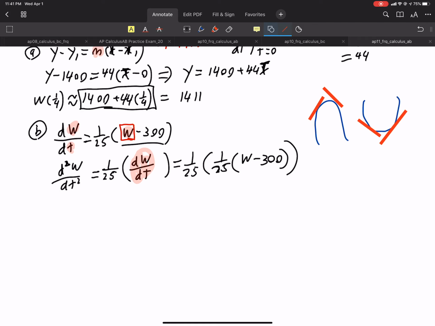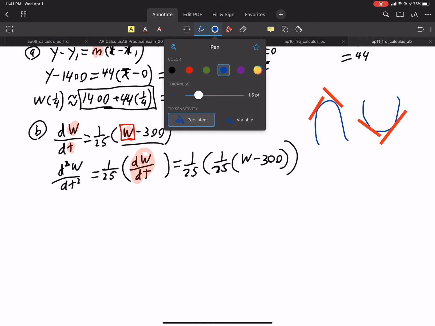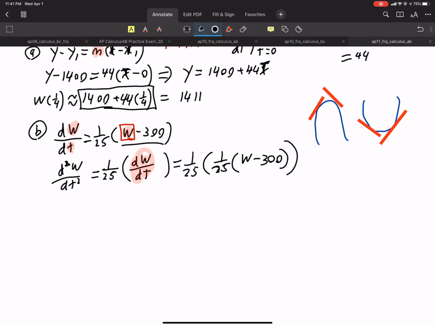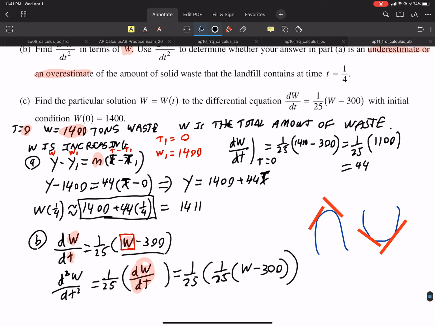So we need to evaluate the second derivative. But if you look here, it's solely dependent upon w minus 300. If w is bigger than 300, then the second derivative is positive. Well, what is w? W is the amount of solid waste.